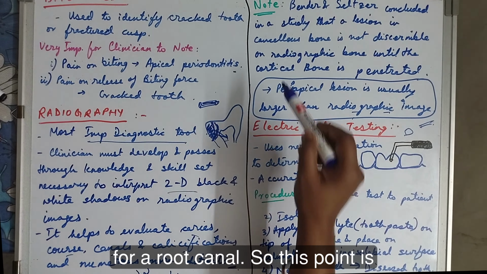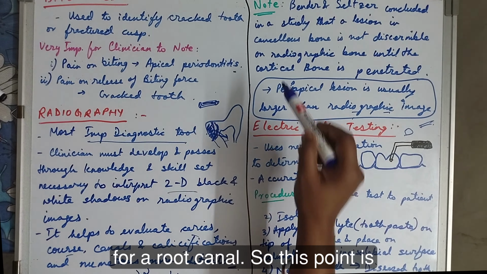Next, moving on to electric pulp testing. It uses nerve stimulation to determine the vitality of a tooth and it is pretty accurate in nature. The procedure is, first, we have to describe the entire test to the patient so as to eliminate any kind of fear or anxiety. Second, we definitely have to isolate the tooth. Third, we have to apply an electrolyte.